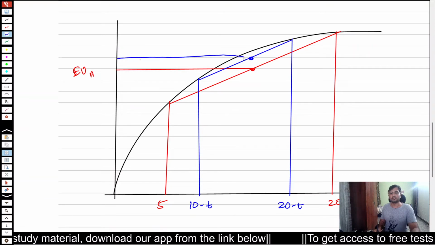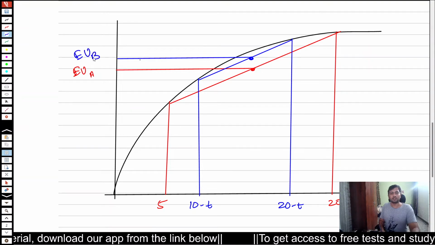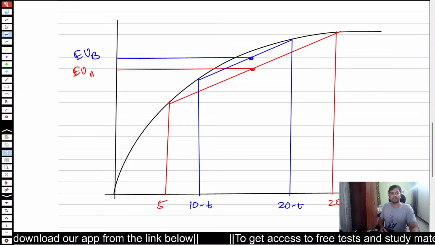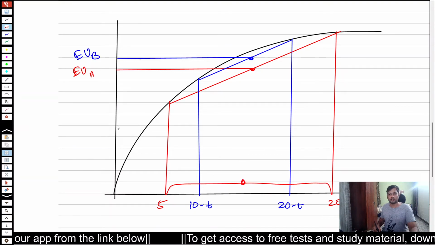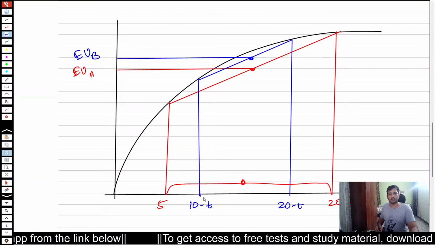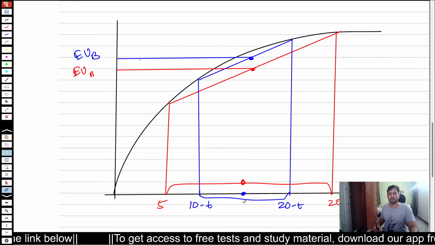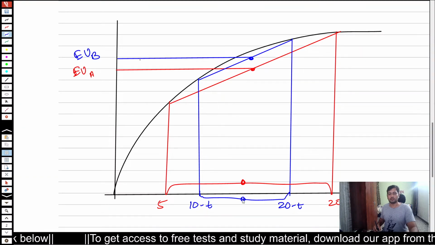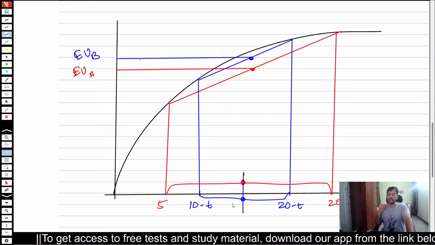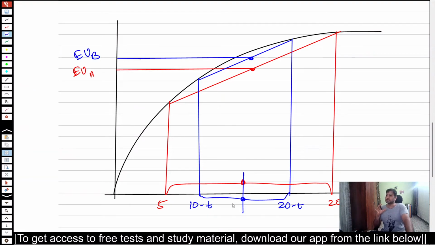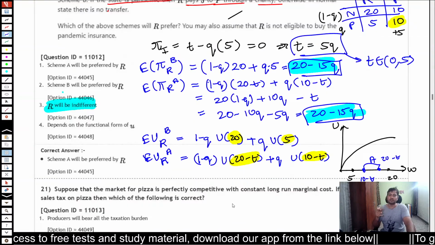So this is your expected utility from scheme A. So even though the midpoints are the same, if I take the midpoint of these two points and the midpoint of those two points, it is one and the same. Both the midpoints are the same, so the expected wealth is the same in both cases, but it is the expected utility which is higher in case of scheme A.